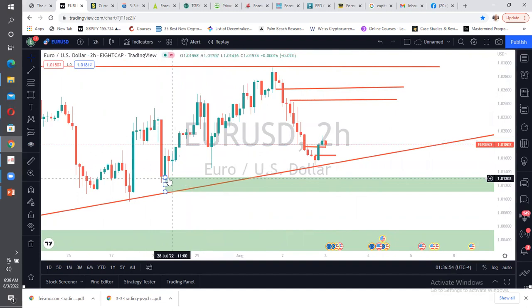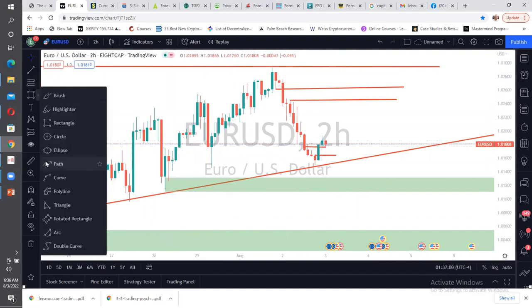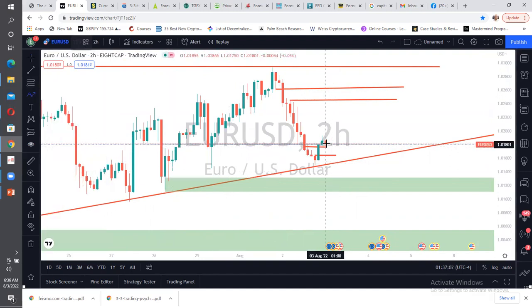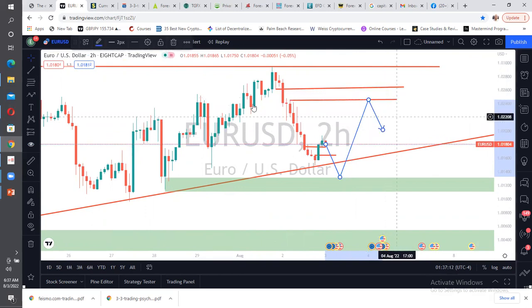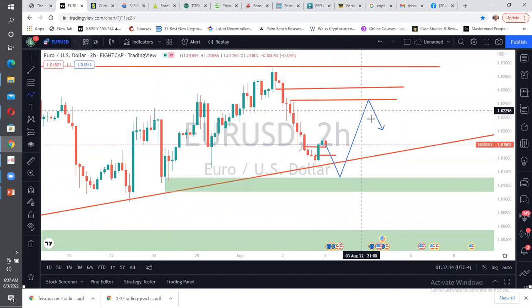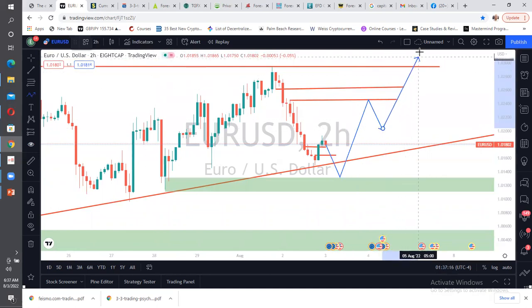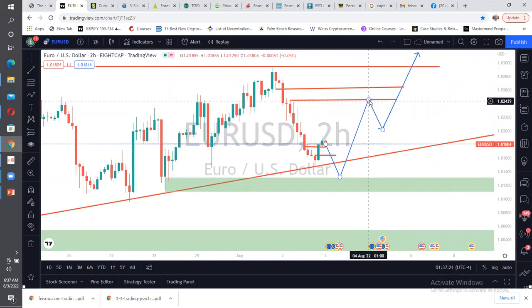So personally, I would like to see manipulation here to this level before the movement to the upside. Right? I would like to see something like this down to this level, and from this level to the upside. When it's trading to this, I would like to see push down, then to the upside. That is what I want to see.